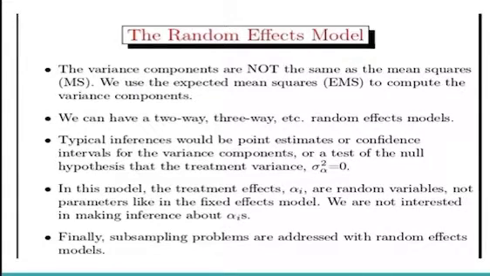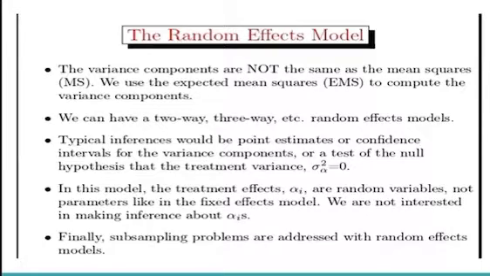And another thing I wanted you to know, the variance components that we talk about, they are not the same as the mean square error in a normal ANOVA. I wanted you to take note of that. And of course, when you're talking about random effect model, we could have a one-way, two-way, three-way, and so on, just like what we have in the conventional fixed effect model.